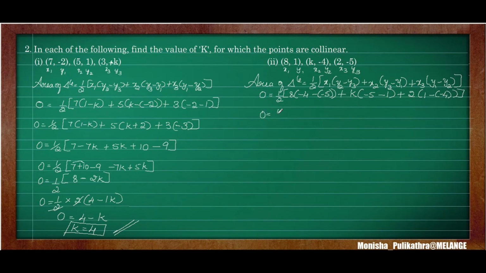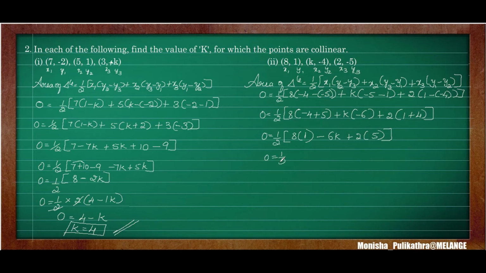Next we need to solve all those things which are inside the bracket. Okay, so 8 into minus 4, minus into minus plus, 5 plus k into minus plus, so 5 plus 1 is 6, larger number sign is minus, plus 2 into 1 minus into minus plus 4. So 0 is equal to half into, here 8 into minus into plus is minus, so 5 minus 4 is 1, here minus into plus is minus, so minus 6 into k, 6k plus 2 into 1 plus 4 is 5.